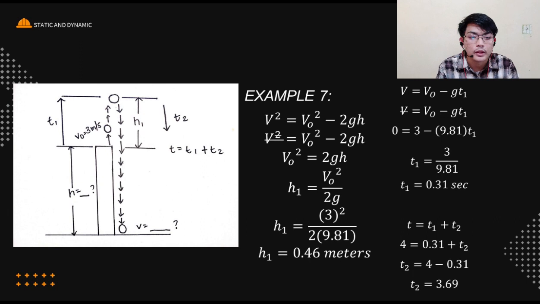So now that we have our time, let's move on into the equation. Our h1, or our height 1, is equal to 0.46, and then our t2, which is equal to 3.69 seconds. So now we're looking for our height t. ht equals v0, or our initial velocity, multiplied by time, plus g times t squared over 2. Since our initial velocity is not stated here, it is equal to 0.